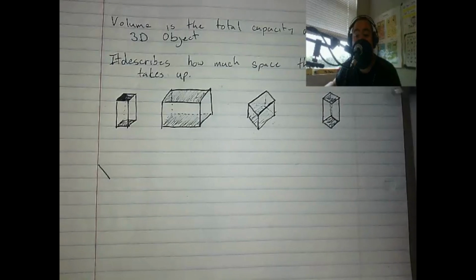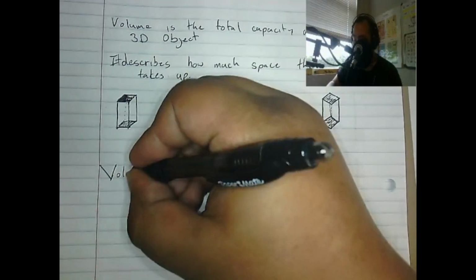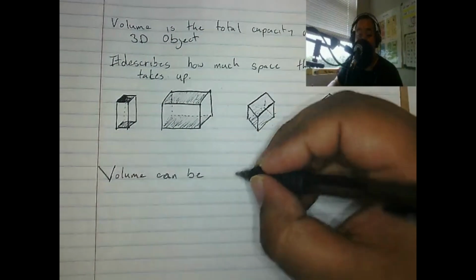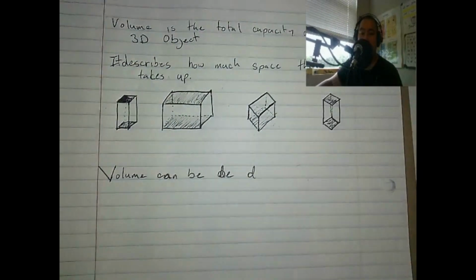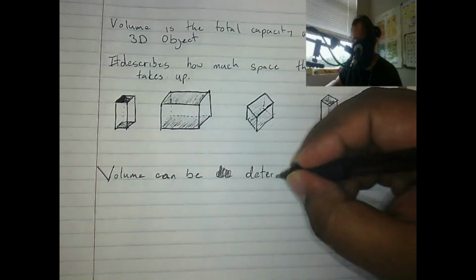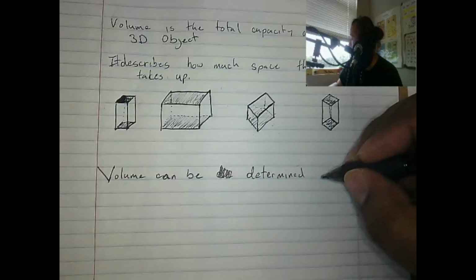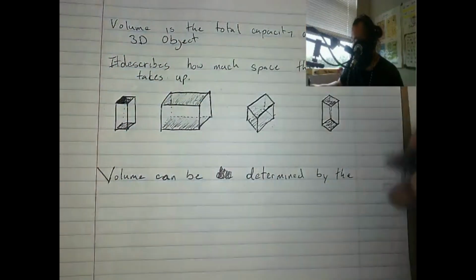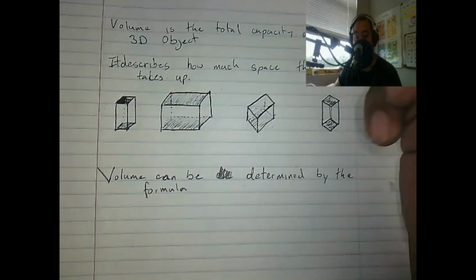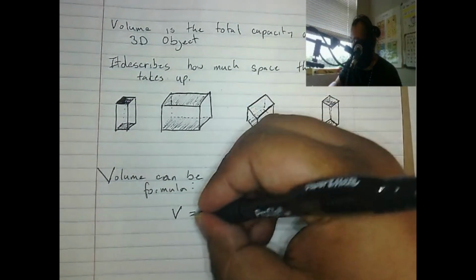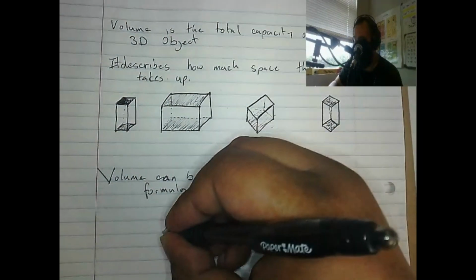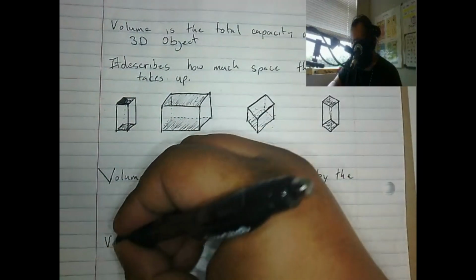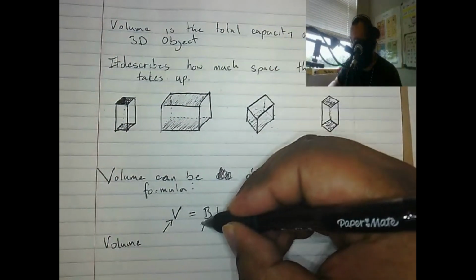I want to know how much space is in there. So volume can be determined by finding the formula volume equals base times height. So remember that in today's lesson, we're talking about finding the volume of a rectangular prism.